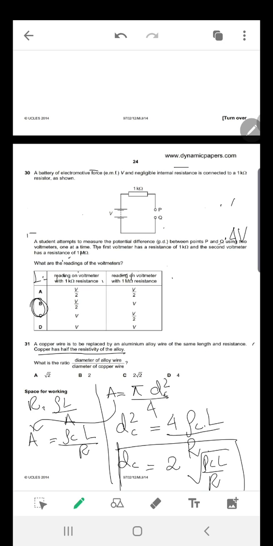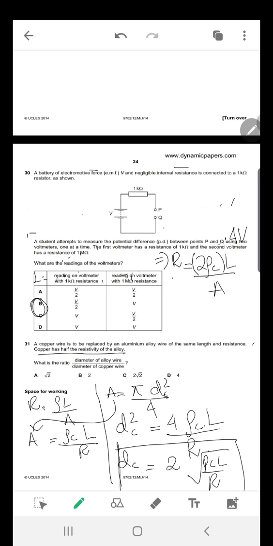Now let's calculate the diameter for aluminium. Again, let's see the resistance. Here they said that the resistivity of copper is half, so it means that the resistivity of the alloy is double. So can I write it like this? Of course.